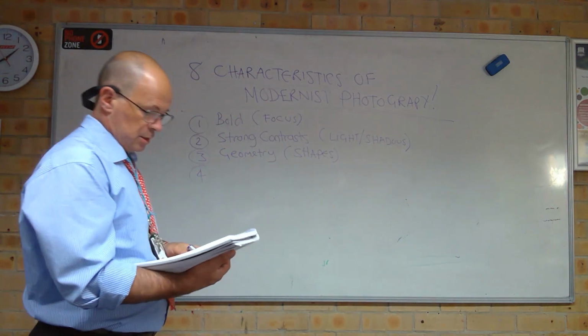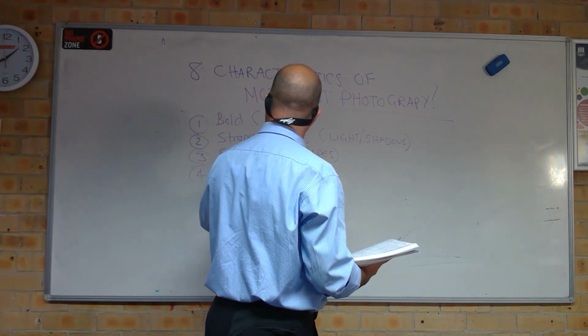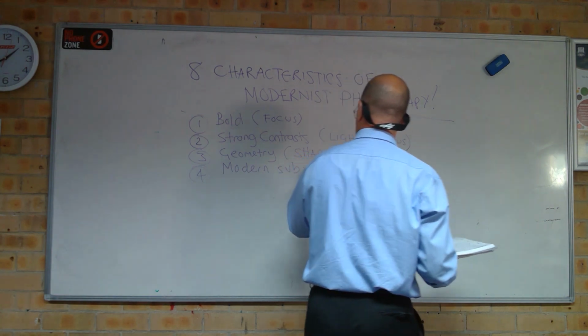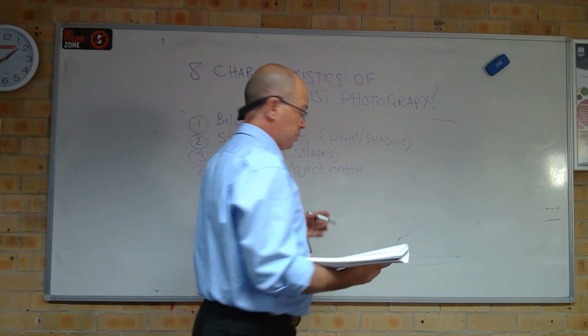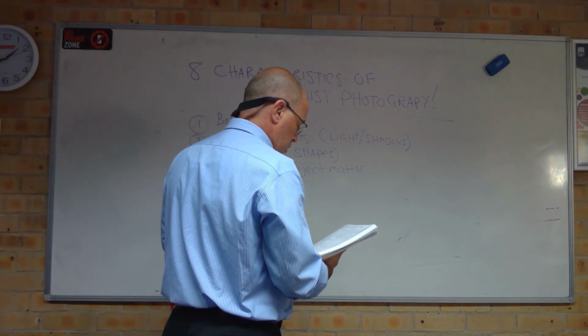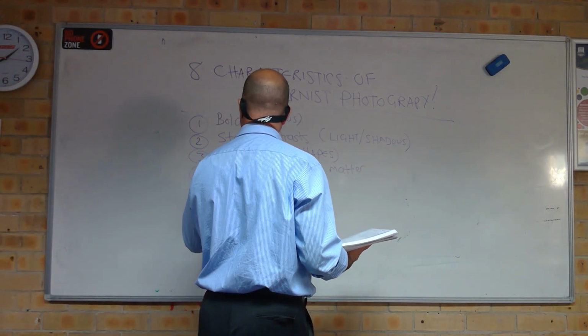4, modern subject matter, compared to the Pictorialist, which was traditional. What else we got? 5, cropping.